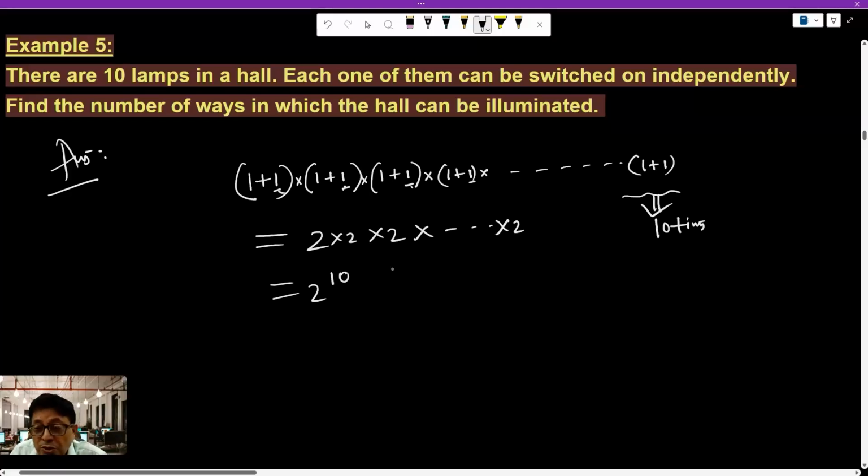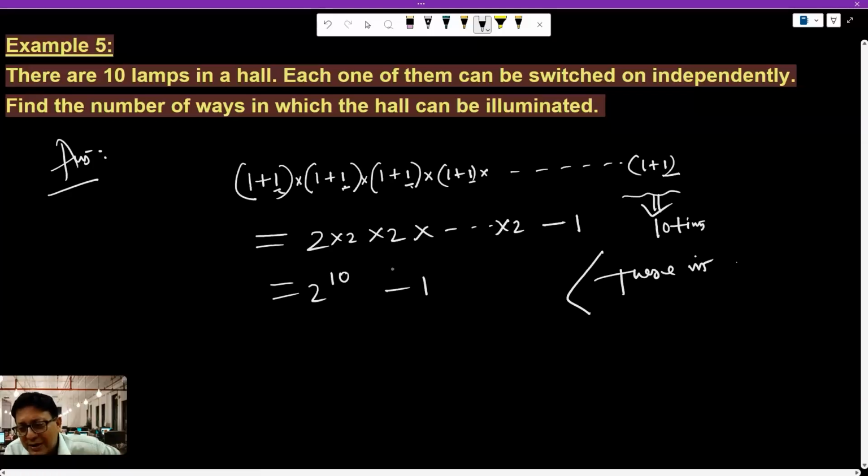Fourth one not switched on. 10th one not switched on. But just one case that you must subtract. Okay? There is one case when none of the bulbs is on.